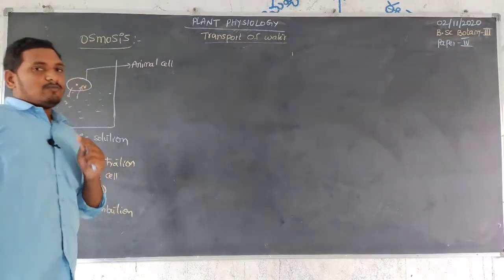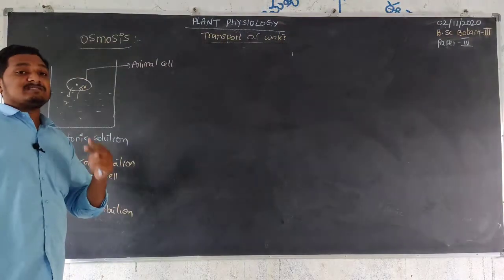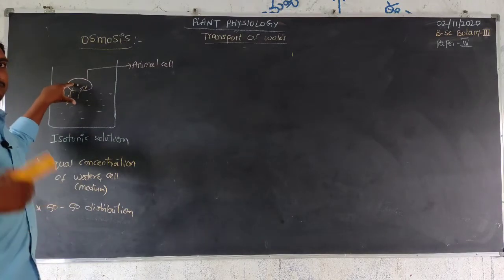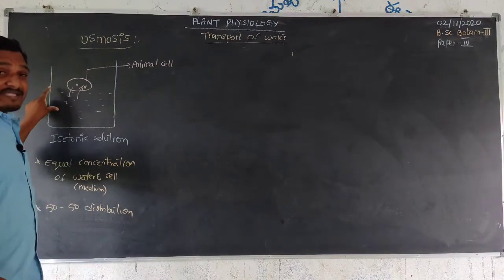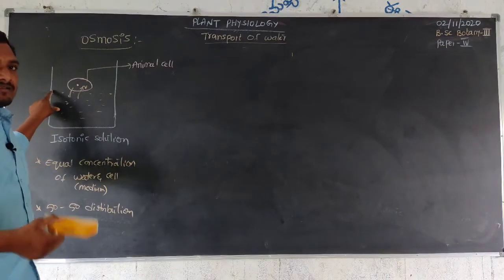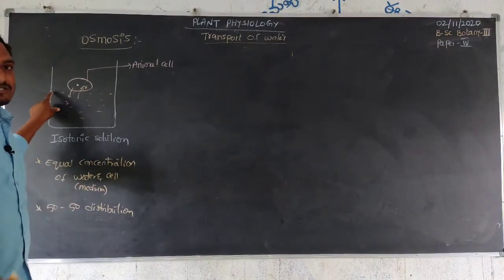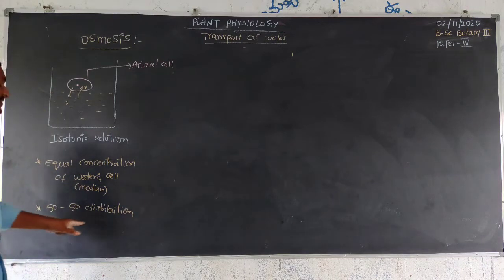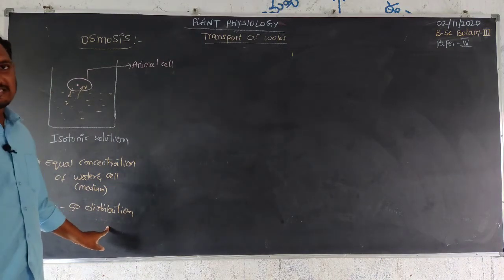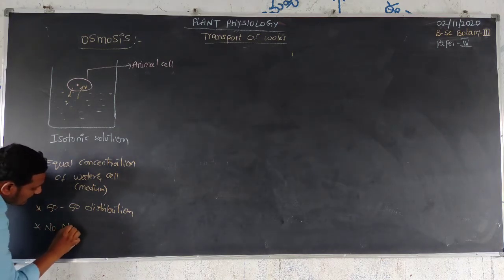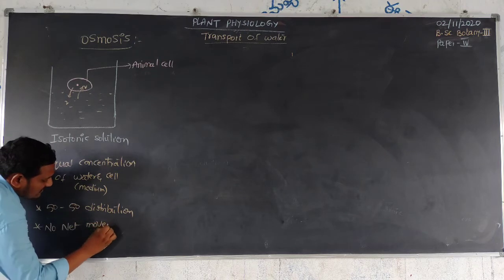Equilibrium is nothing but both concentrations are equal. Inside the cell is the same concentration, outside in the medium is also the same concentration. That is equilibrium, with 50-50 molecules of distribution taking place. So no net movement takes place.